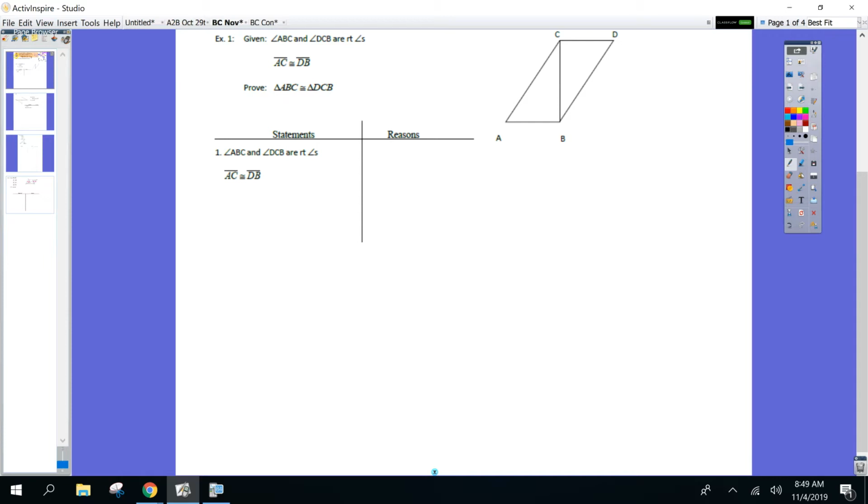Angle ABC is a right angle. First, I want to show why it's HL and then what to put in the proof. Feel free to mark anything else you want on your own, other than my givens.